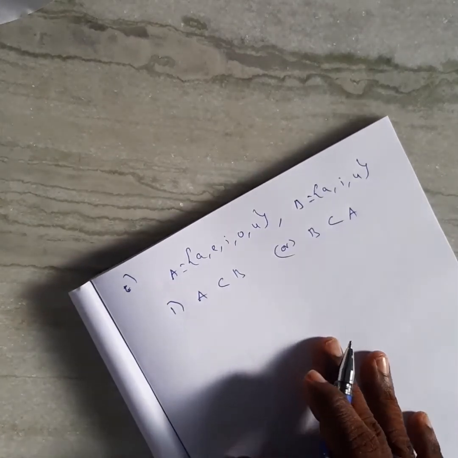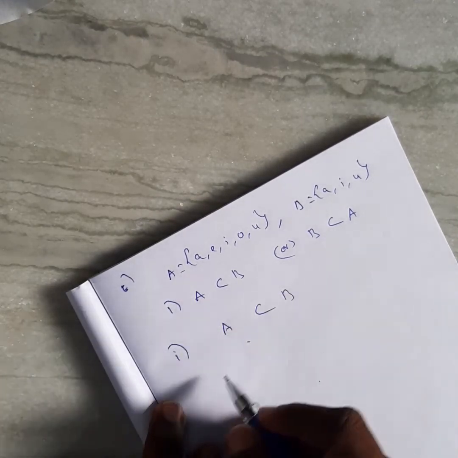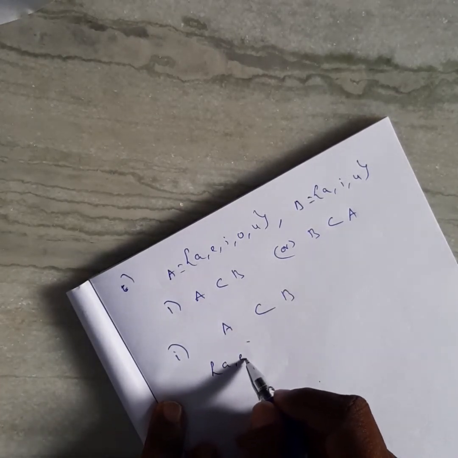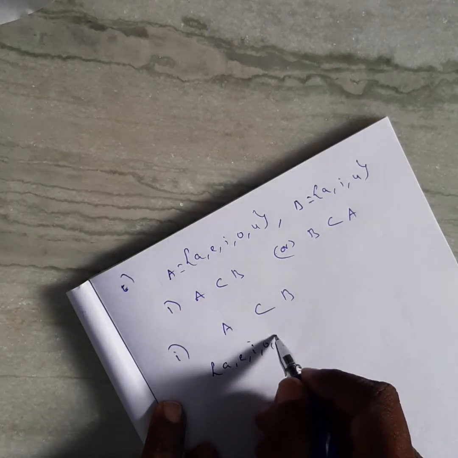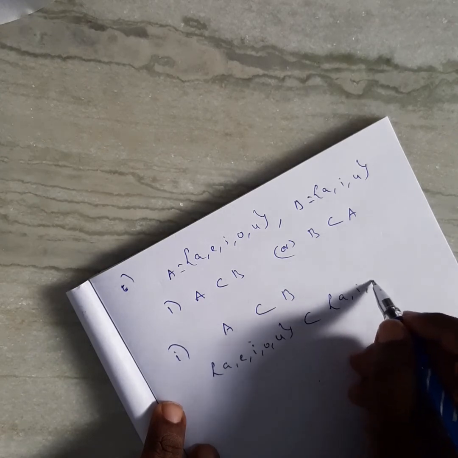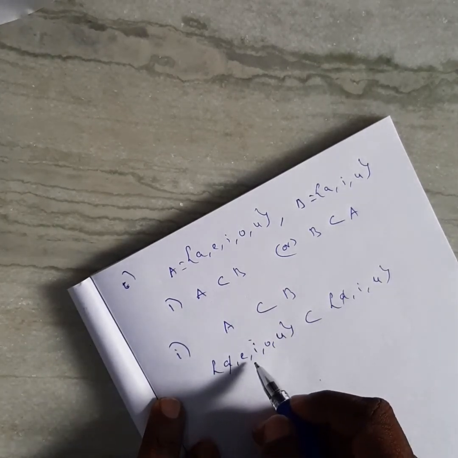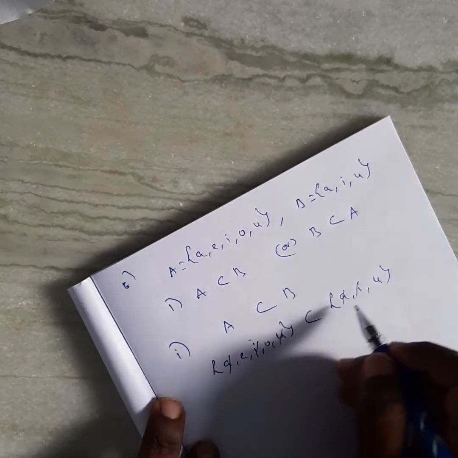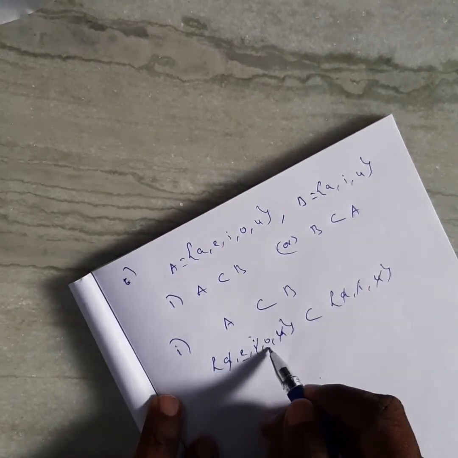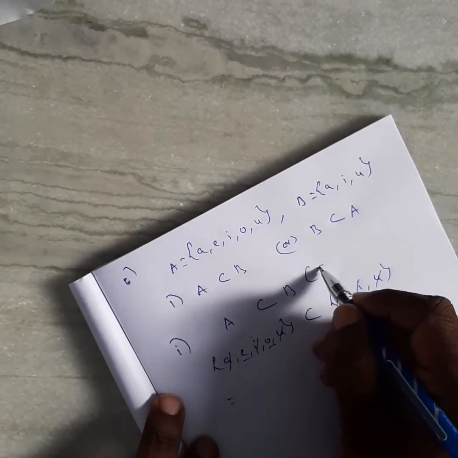If you take the first condition, A subset B, A is A, E, I, O, U and B is A, I, U. The common elements are A, I, U, but E and O remain. So A subset B is false.